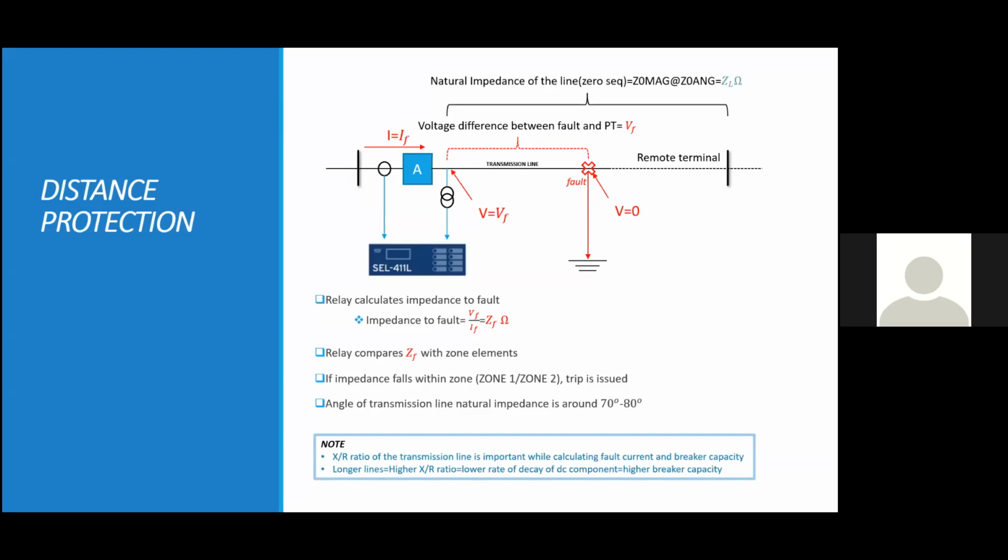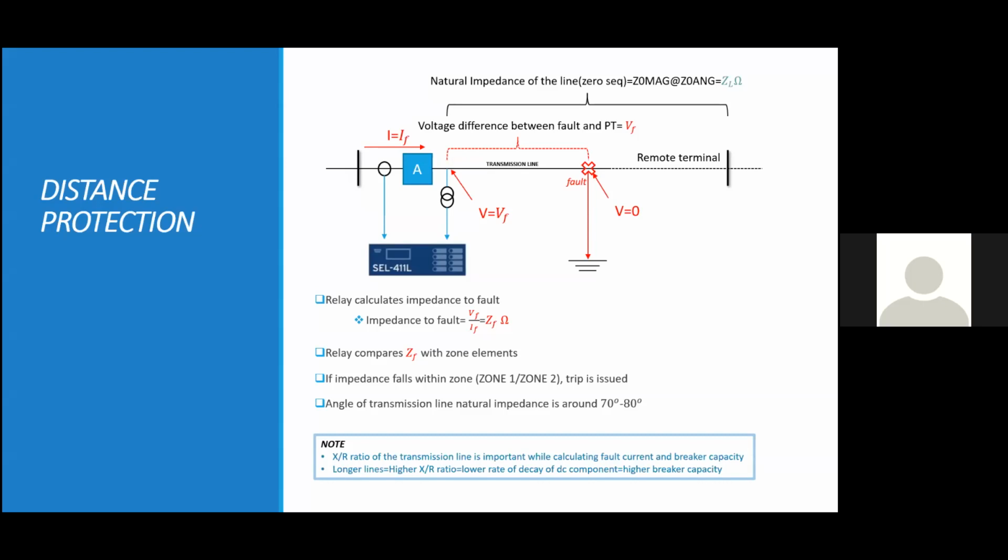And if we consider the transmission line current or the fault current as IF, then by applying simple Ohm's law, we can find the impedance to fault, which is nothing but the transmission line impedance.